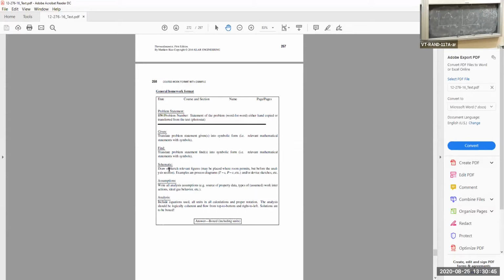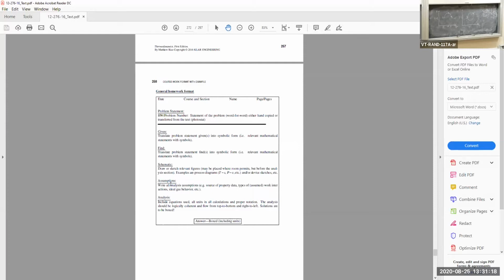Then if there are any schematics or pictures that are used or given with the problem, you should include them. And then you should have a section called assumptions. If you're looking up any data, if you have a system made out of a particular material and you need to get properties out of tables to do the problem, then you need to write down where you got the data from.